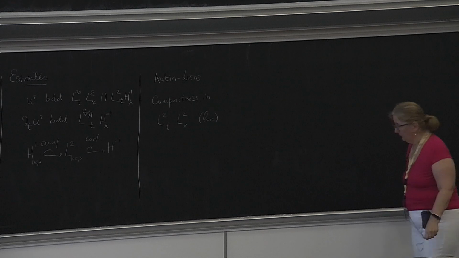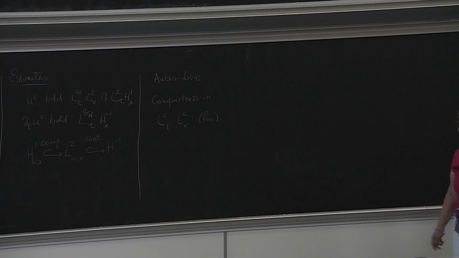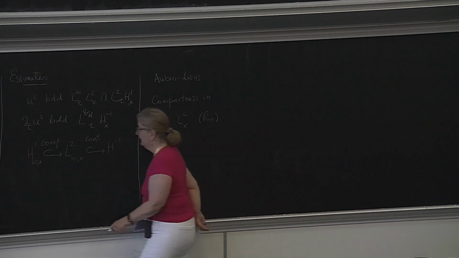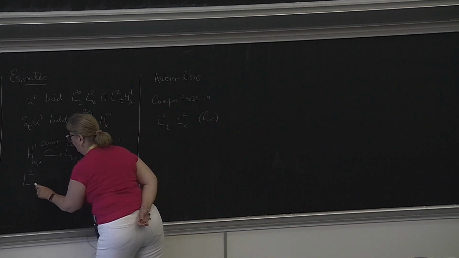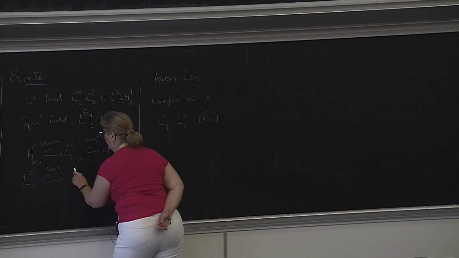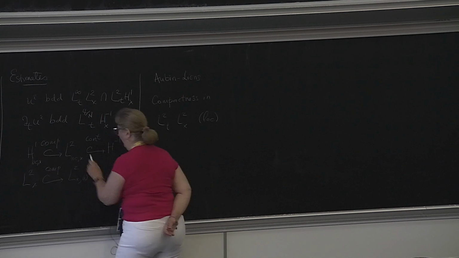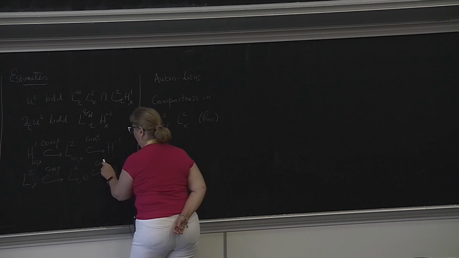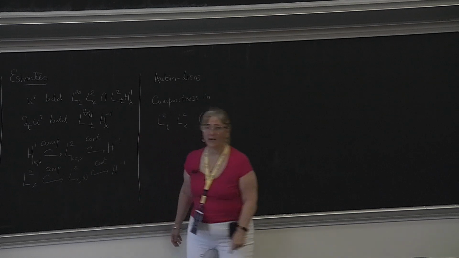By Aubin-Lions. I also get, because L2 can be compactly embedded into L2 with the weak topology, this embedding here is just Banach-Alaoglu.